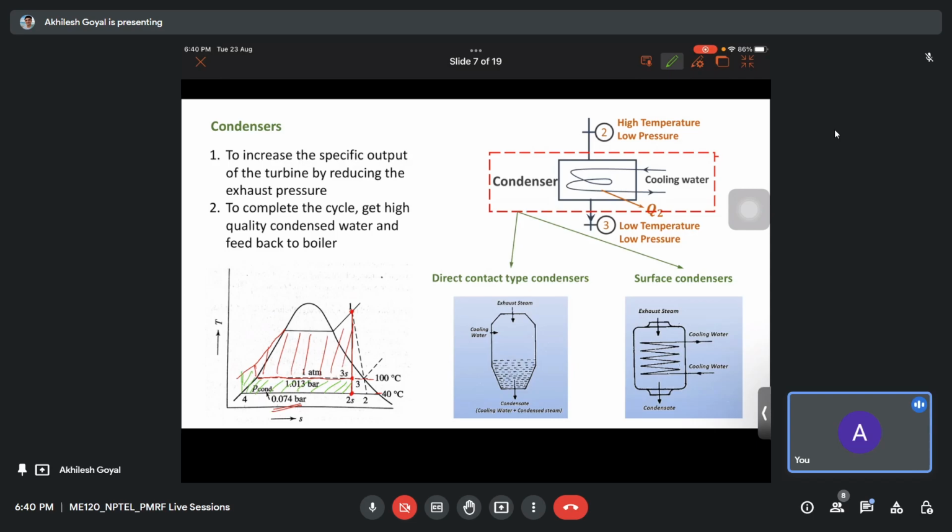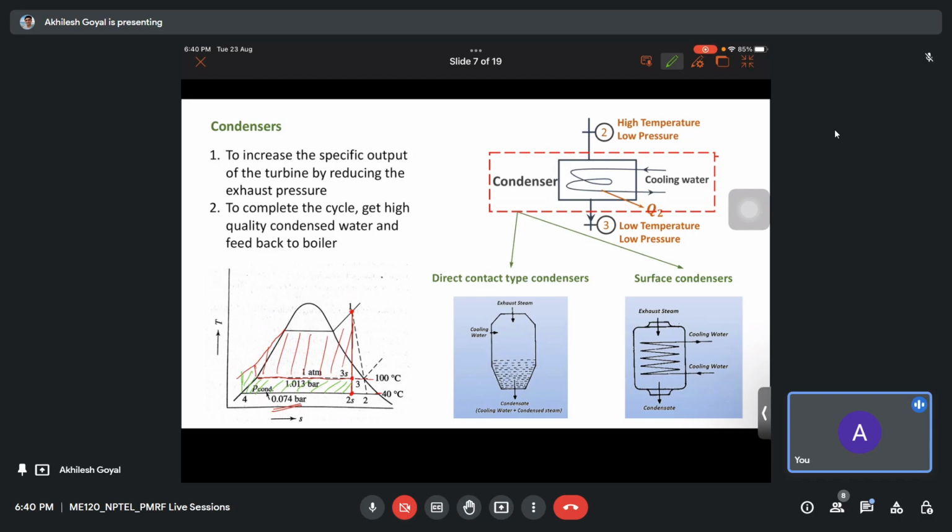They are separated by a tube wall. In a surface condenser, cooling water flows through the tubes, and exhaust steam flows over the tubes, and heat transfer takes place between the cooling water and exhaust steam through the tube surface. That's why it is called a surface condenser.